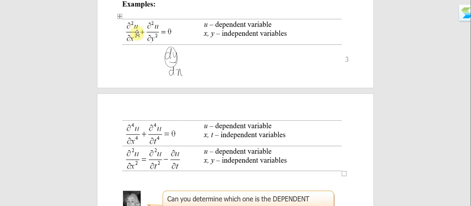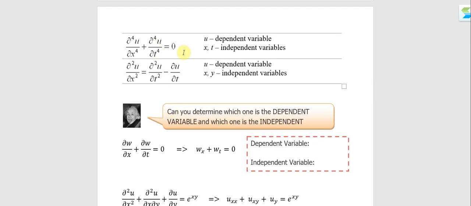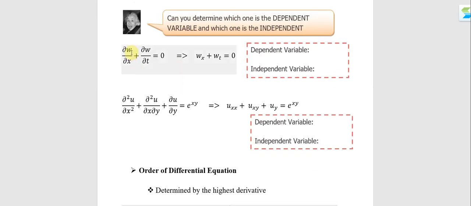If we are using del here, then you know it is partial. In this case, u is the dependent variable and x and y are the independent variables. The same goes with this one: u is the dependent and x and t are the independent. Let's say you have this function: del w over del x plus del w over del t equals 0.